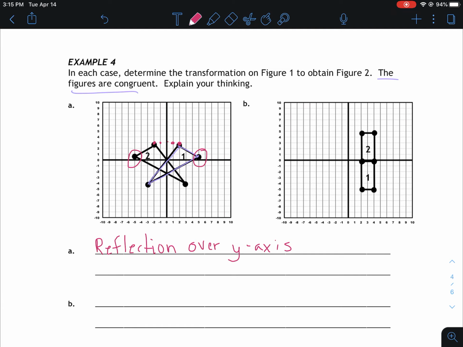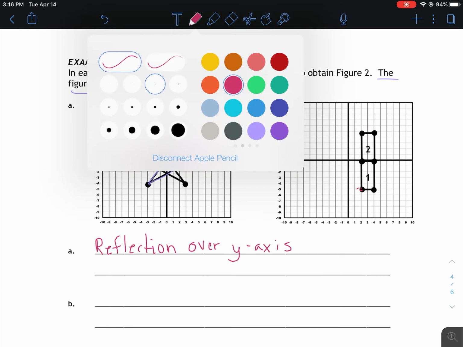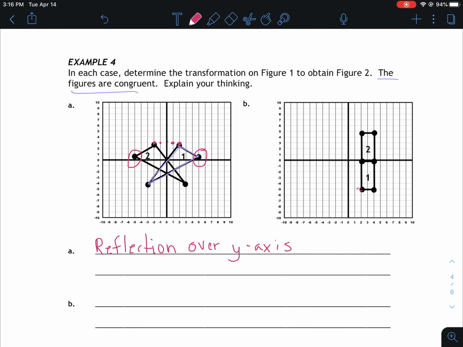So for letter B there, if you decide it's a translation, that means that from pre-image 1 to the final image, number 2, we slid up 1, 2, 3, 4, 5 spaces because this was right here at the bottom down here, and I went up 1, 2, 3, 4, 5 to put that point in the exact same spot. Okay, try to get this one.